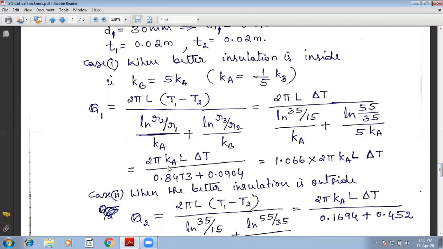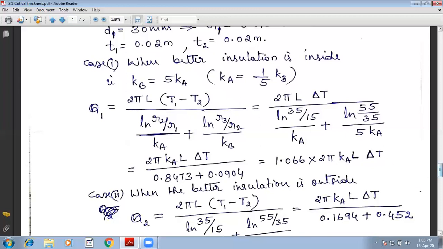So if you take the value, it will be 1.066 multiplied by 2 pi KaL into delta T. We don't know L, but L is same. In both the cases, you can consider either 1 or L itself. It makes no difference.